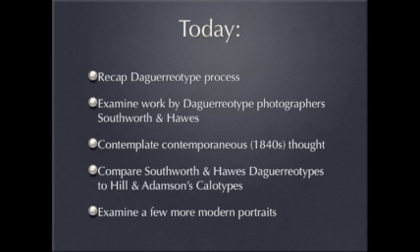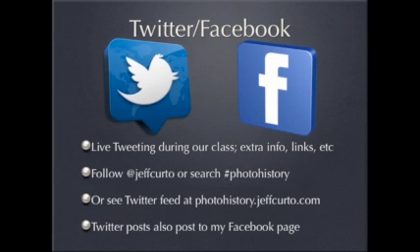We're also going to compare Southworth and Hawes daguerreotypes to calotypes, or paper negative, paper positives, by Hill and Adamson. And then at the very end, we'll examine some more modern portraits, and we'll see if we can come up with some answers to some questions, which I'll get to here in just a second.